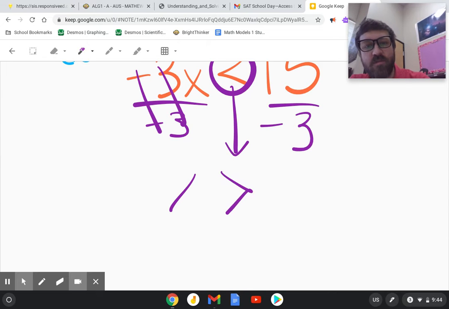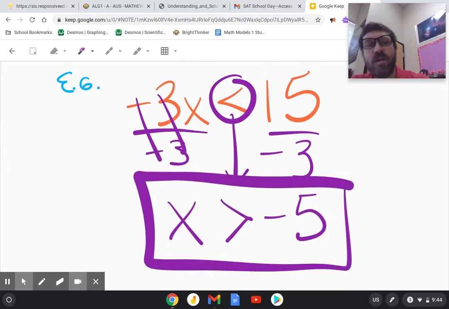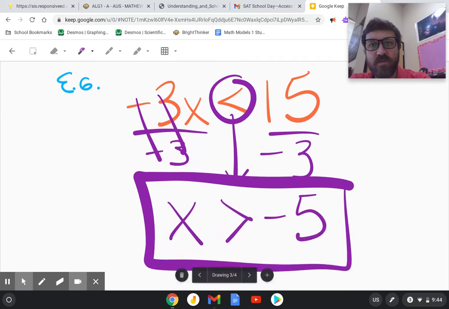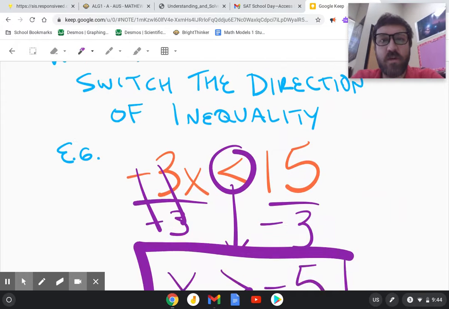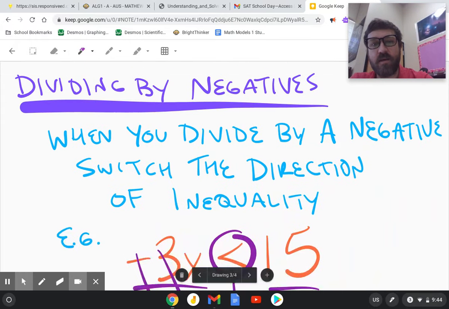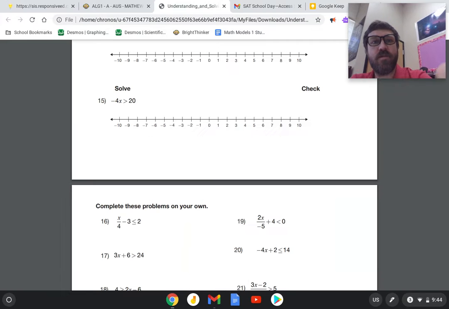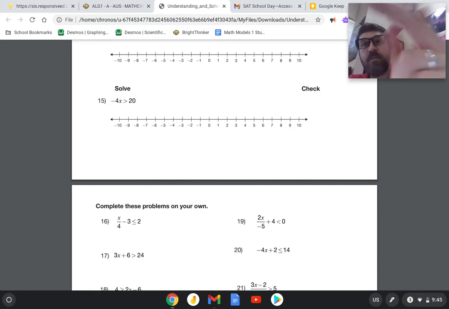These are going to cancel, giving me x and negative 5. So what you need to notice is that the inequality symbol has switched from less than to greater than, and now I would go and graph my answer. But the key here is when you divide by a negative, switch the direction of the inequality symbol. You must do that anytime you divide by a negative. That's going to affect your answer in number 15 and possibly others.